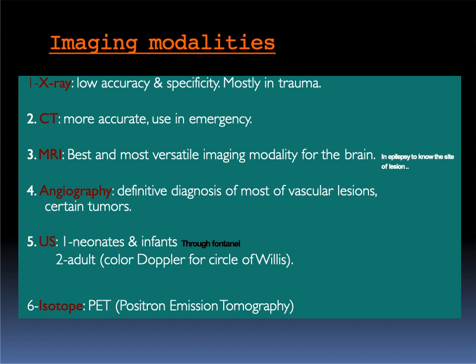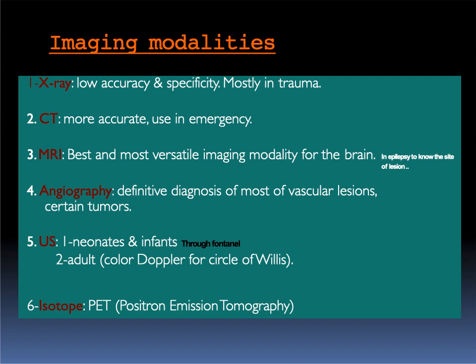The second imaging is the CT, computed tomography, which is also using X-ray, but it's more accurate, and we usually use it in emergency, and it gives you many details about trauma to the brain.